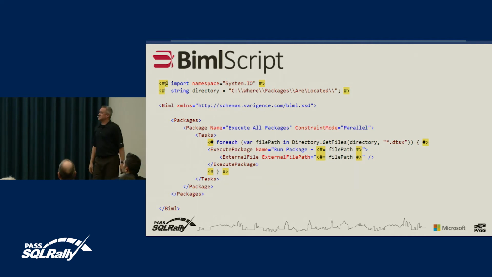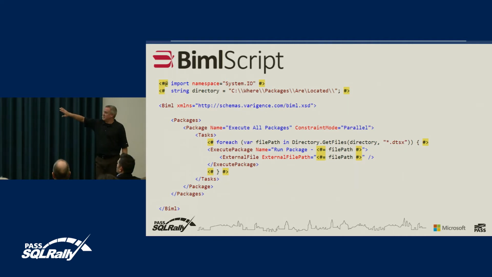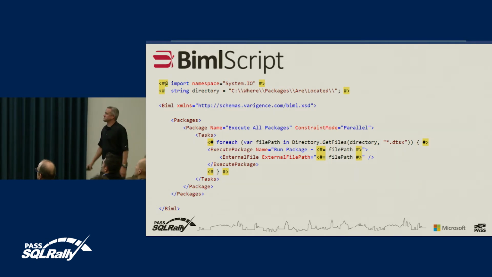Because if you look at this piece of code, the Biml Script are the items that are between the yellow, and there's three different types of Biml Script in here. This is just a code line, you could say. This returns a value. This equal sign means it will only return a value. And this is a directive, which says I want to use the namespace System.IO.